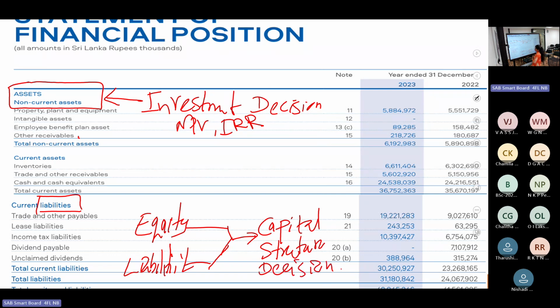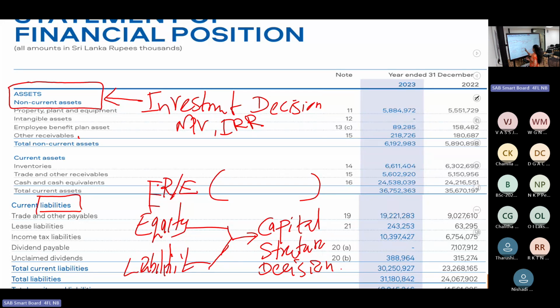Then in this equity, we have a component called retained earnings. There are other components too. With retained earnings, we know last year's profit is accumulated for this year, and for the next year, and likewise. If there are profits, or if there are preference shareholders, we definitely have to pay the dividend for them.